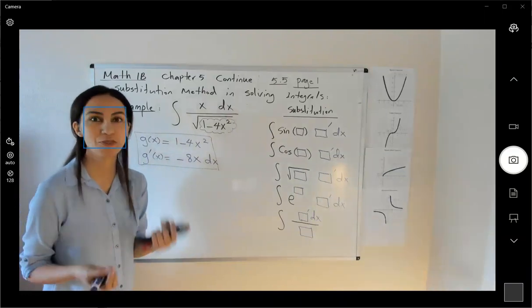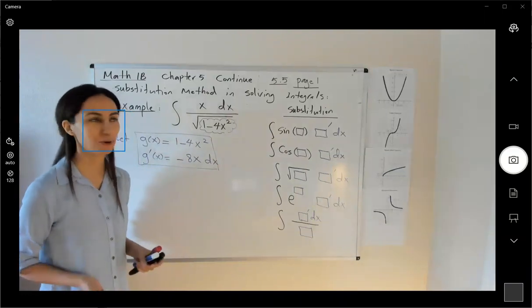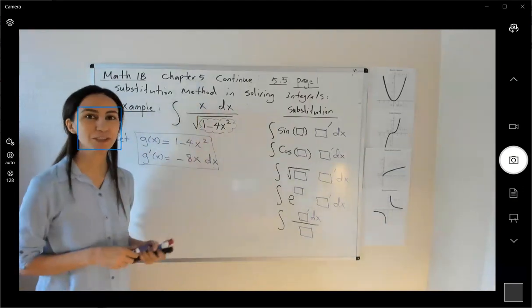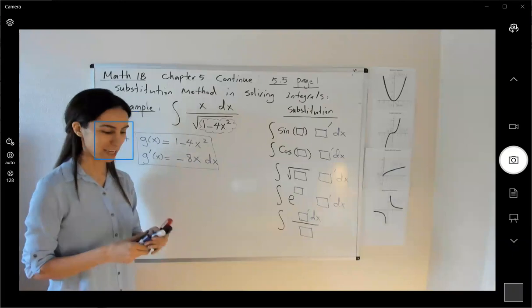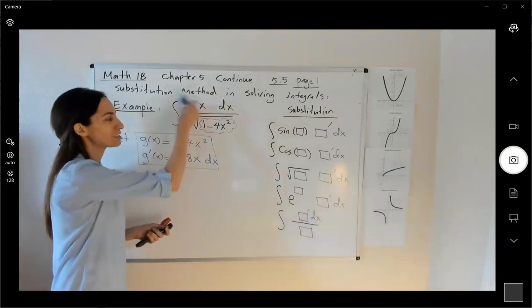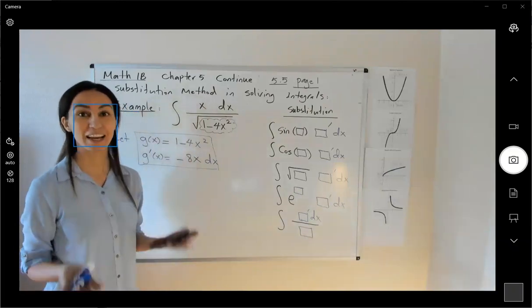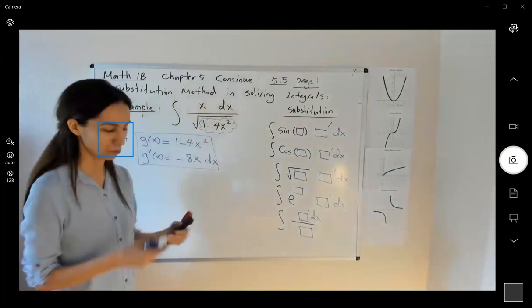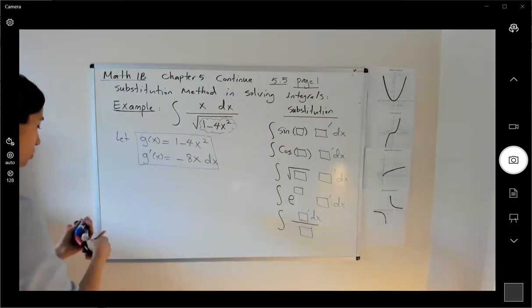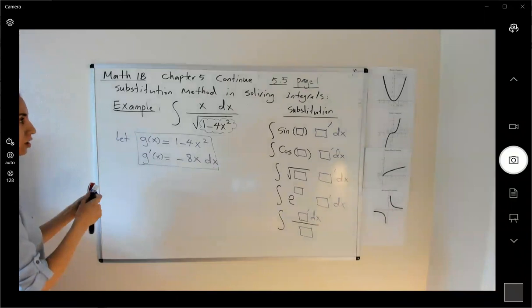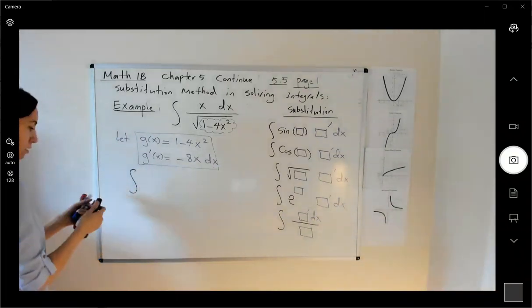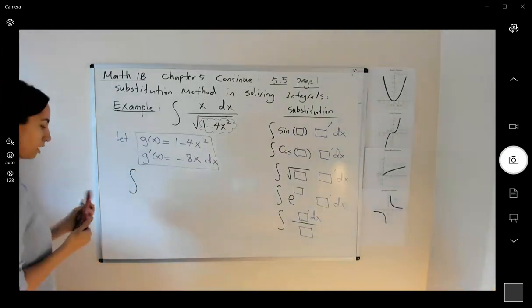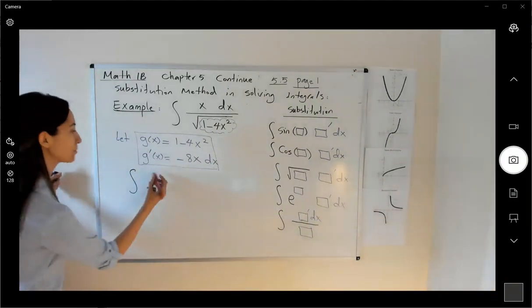Since it's just a number, it's not a variable, we can quickly multiply x by negative 8 and divide by negative 8 and create this negative 8 on the numerator and actually apply substitution method. So your integral is now equal to, let us multiply by minus 8.